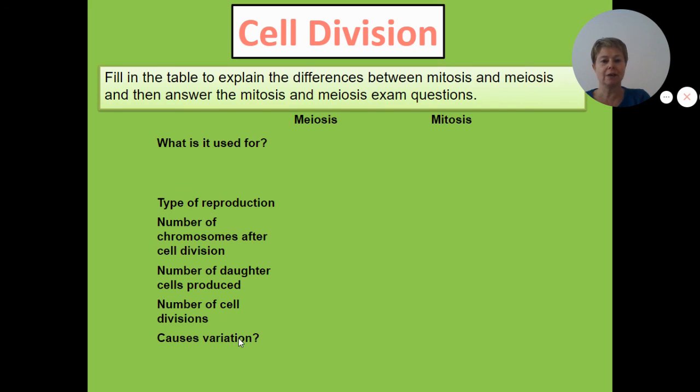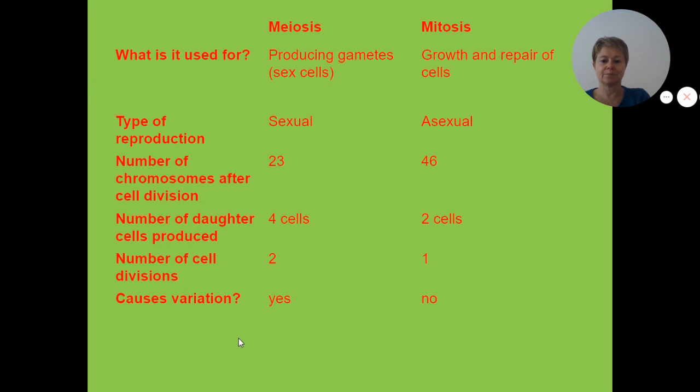So pause the video now. I'm going to put the answers up. Those are the sorts of things you should have come up with. So again, you can pause the video here to check your answers.